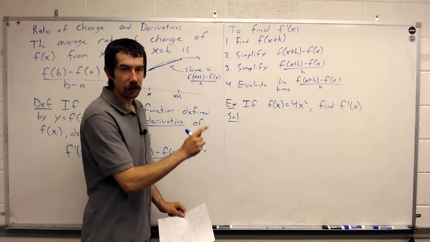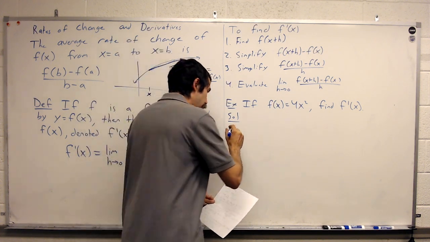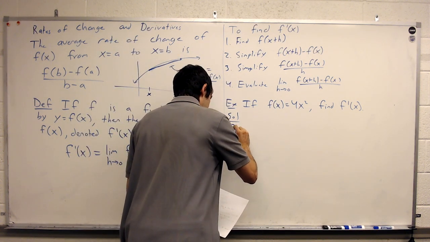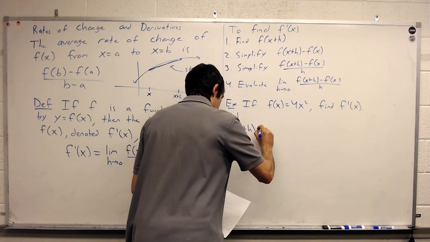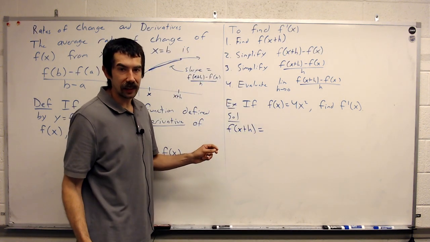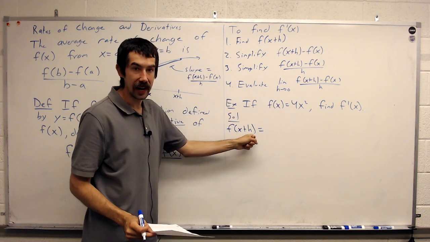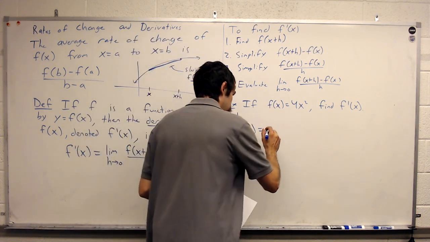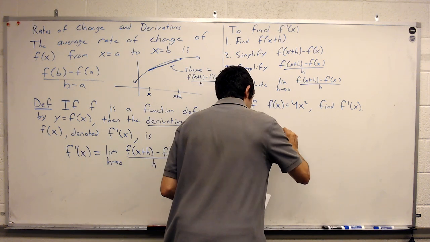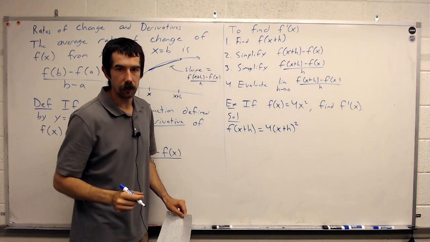First thing we need to do, let's find f of x plus h. So f of x plus h. Wherever we see an x in our f function, we replace it with x plus h. Okay?